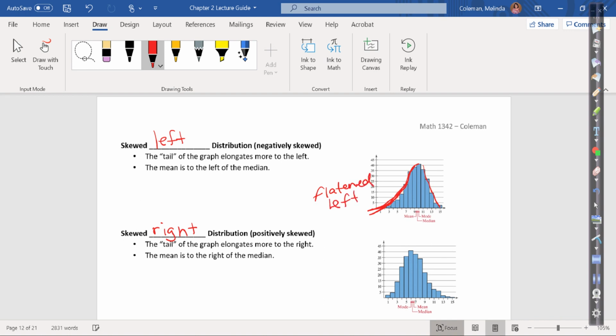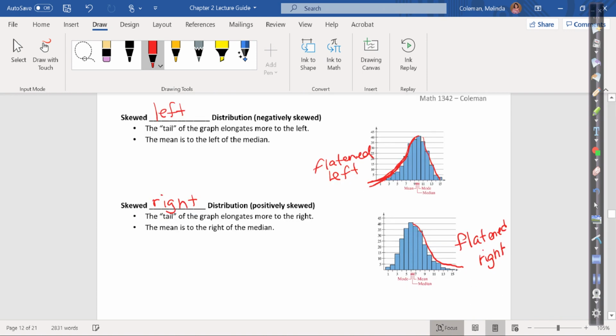Where this one flattens out as we go to the right. So this one is flattened right. So the tail elongates more to the right. So this also tells us that the mean is to the right of the median. So here's your median. The mean is to the right. Versus one that's flattened left tells us the mean is to the left of the median.